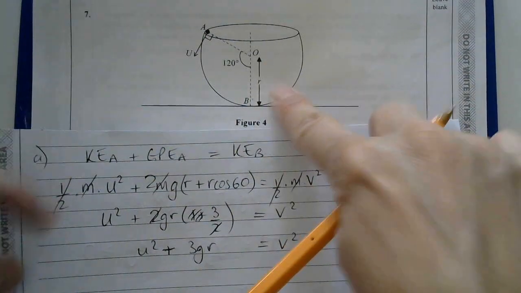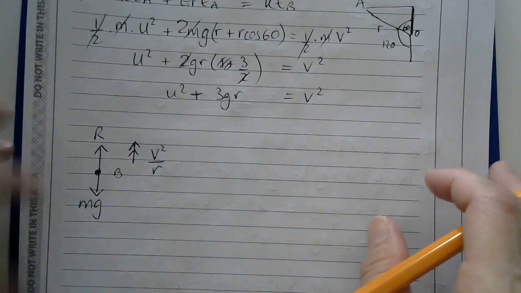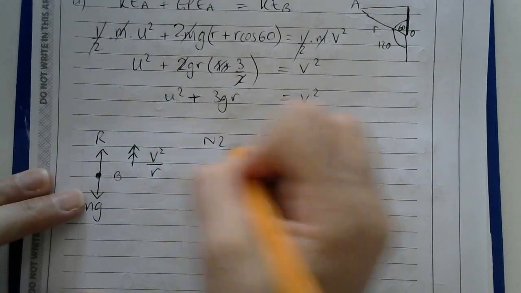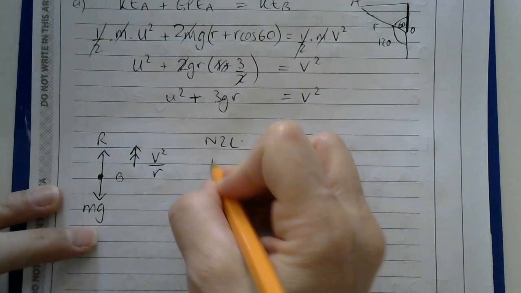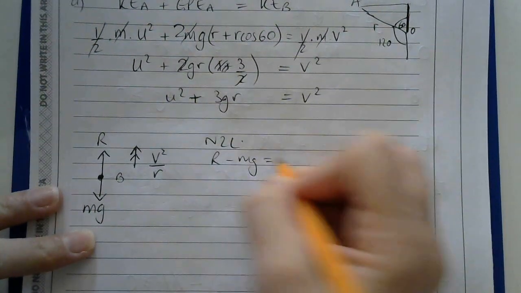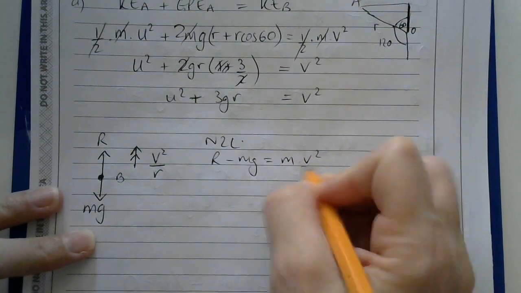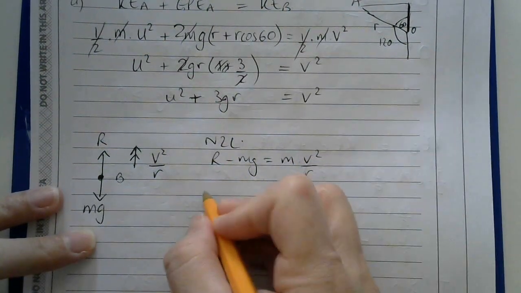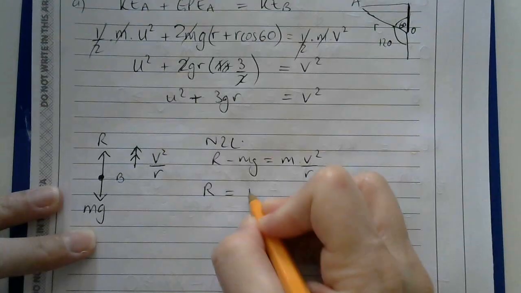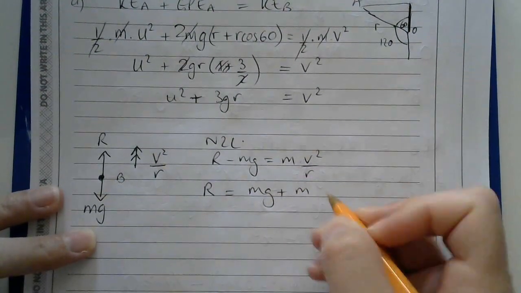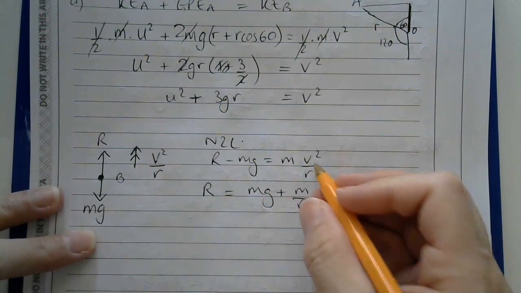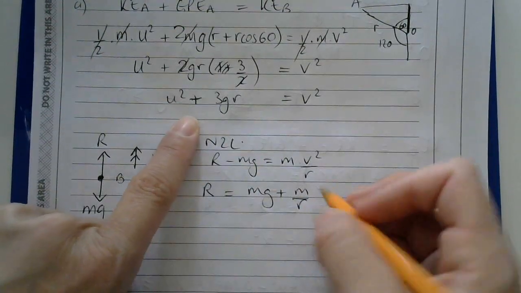You can see that there. Okay. So doing Newton's second law, then I get R minus mg equals the mass times the acceleration. And so then I get that R is mg plus m over r multiplied by v squared, where v squared is this thing.